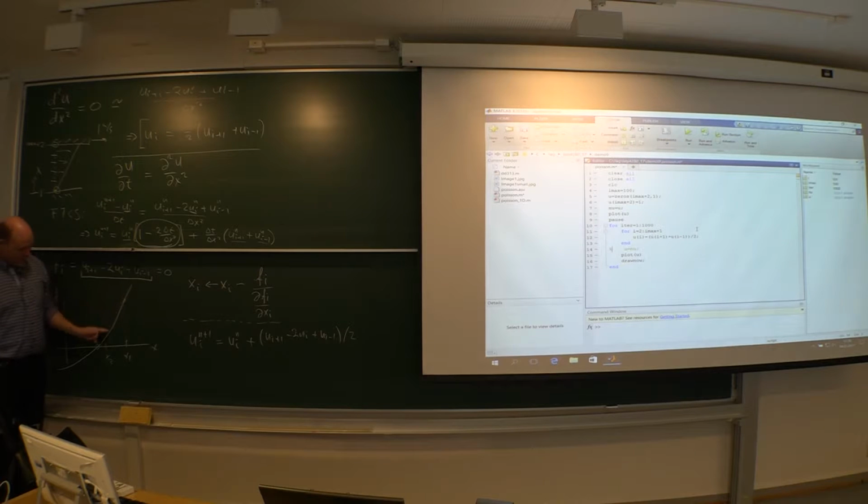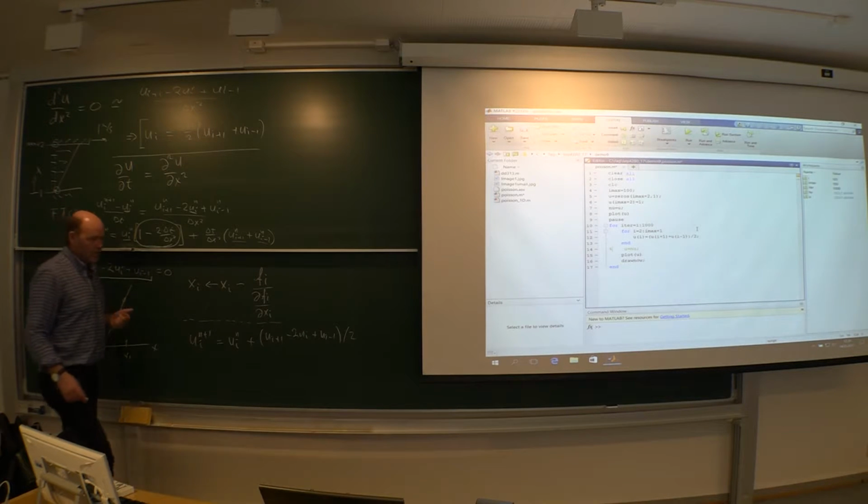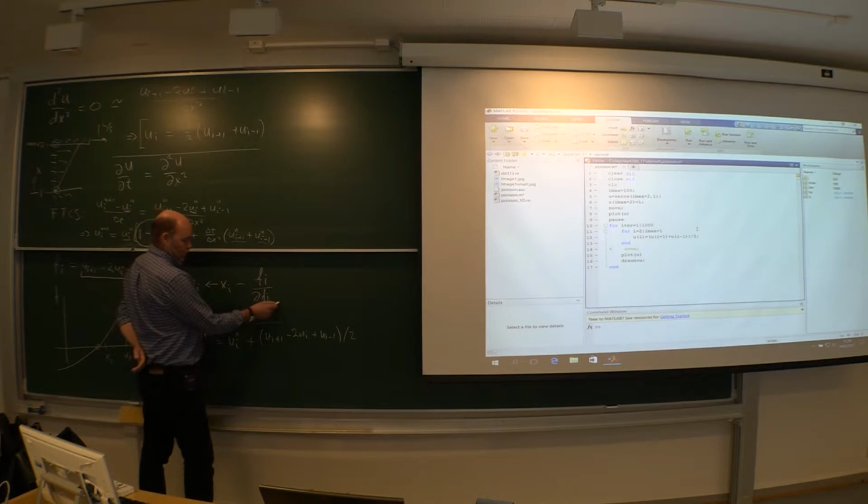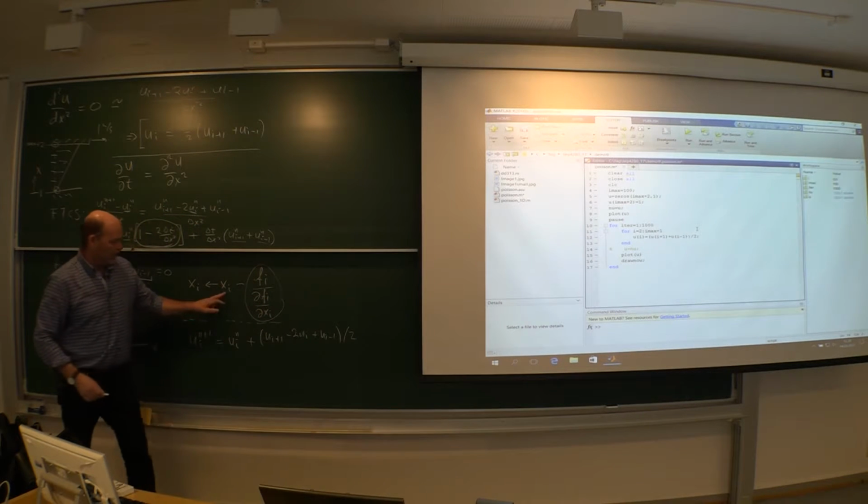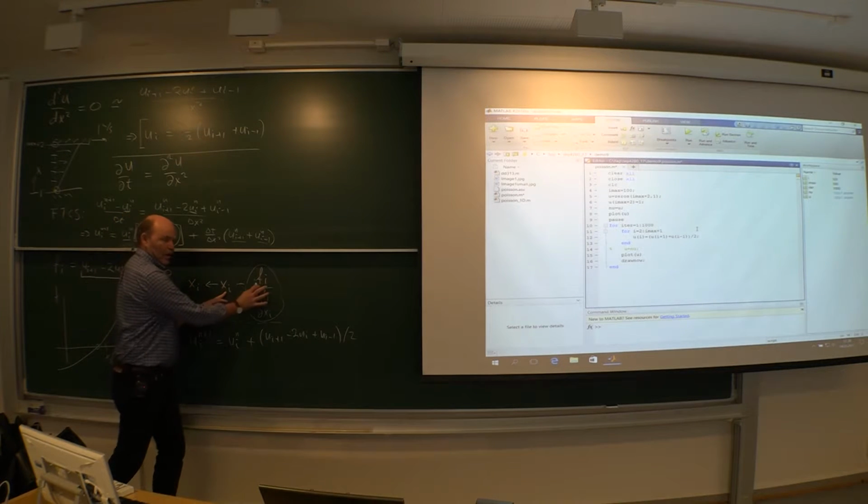To find the zero point as fast as possible, it is then shown that if you use this adjustment here, you can think of it as finding a better guess. You take the old one and then you have some adjustments.